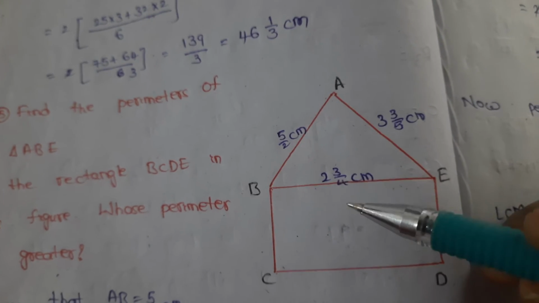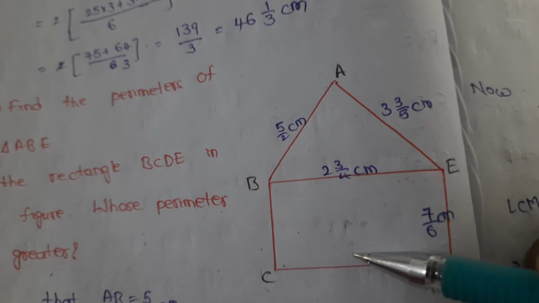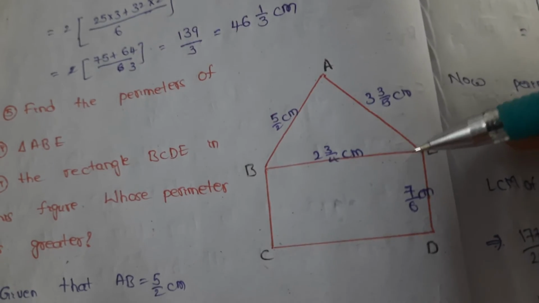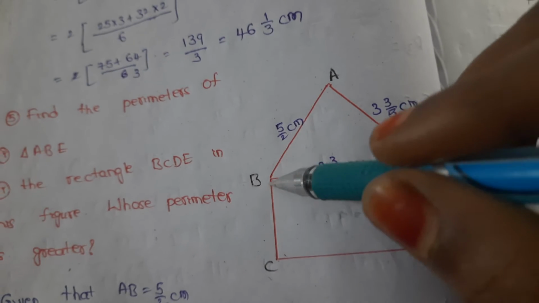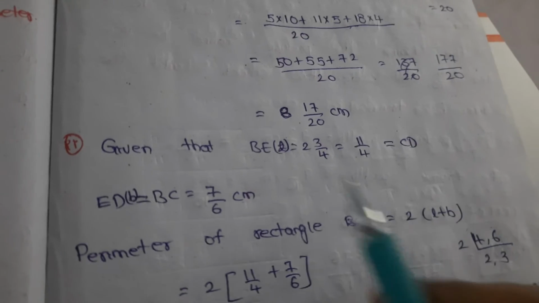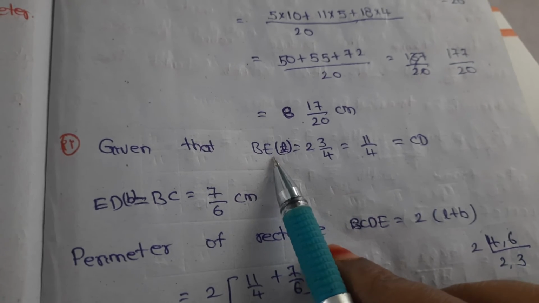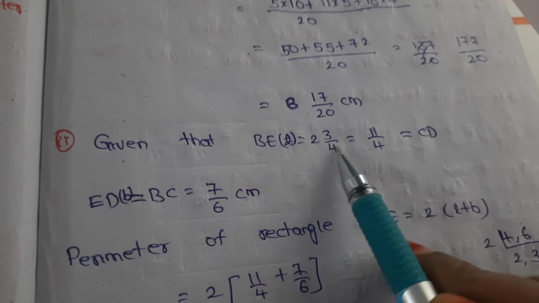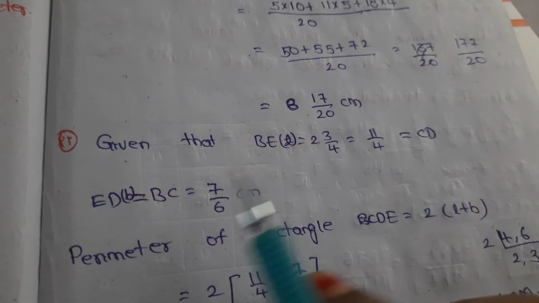We all know that the rectangle is nothing but the opposite sides lengths are equal. That is, BE length is equal to CD length and BC length is equal to DE length. That is, BE is equal to CD is equal to 2, 3 by 4. 2, 3 by 4 is nothing but 11 by 4.